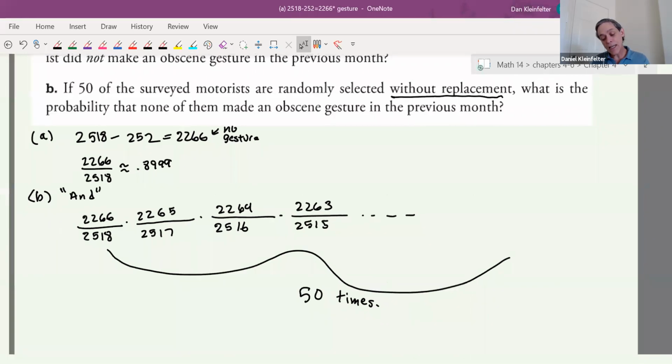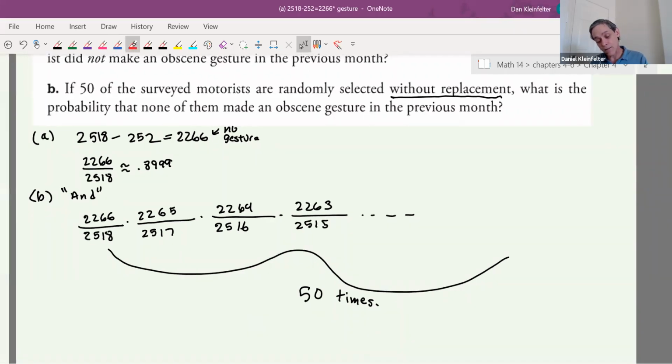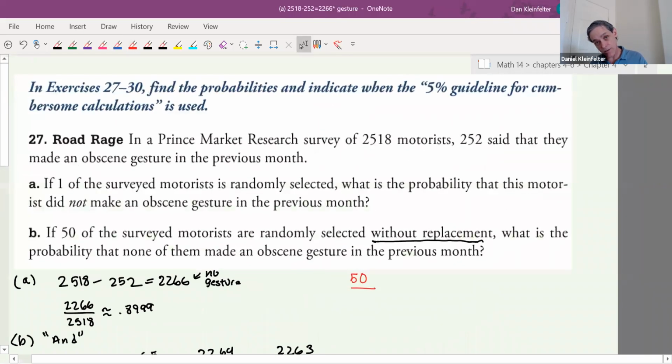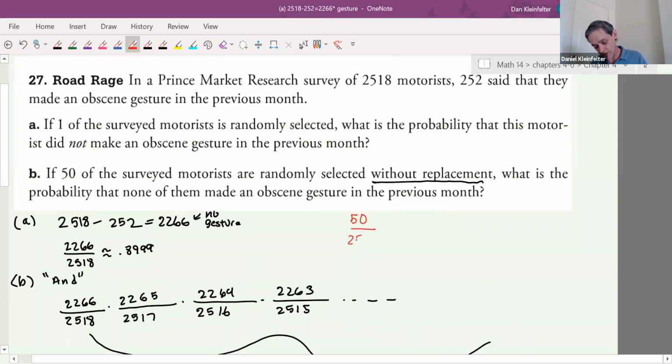So instead, let's see if we can use that 5% guideline. We're taking 50 motorists out of a survey of 2,518. 50 out of 2,518 is 0.019, and that's definitely less than 0.05, right?